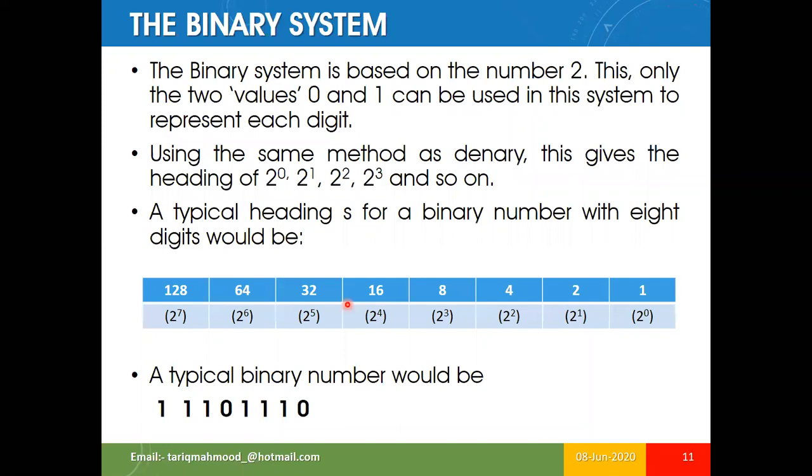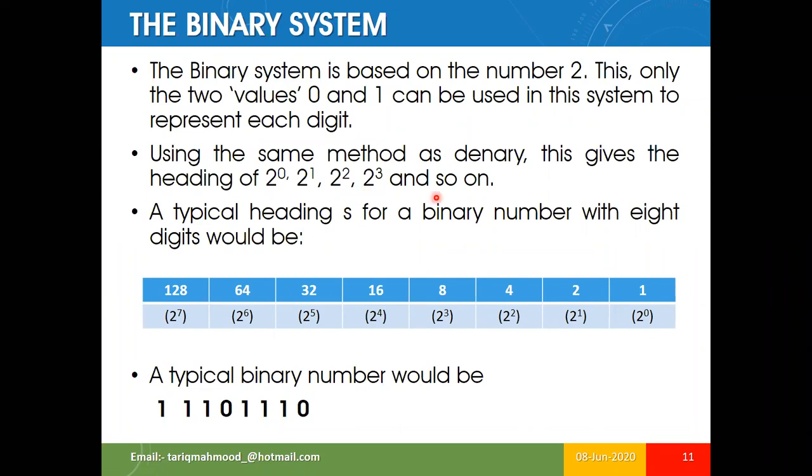Now we come to the binary system. The binary system is based on the number 2. It has only two values, 0 and 1, which can be used to represent each digit. Using the same method as denary, this gives us the headings 2 raised to power 0, 2 raised to power 1, 2 raised to power 2, 2 raised to power 3, and so on.